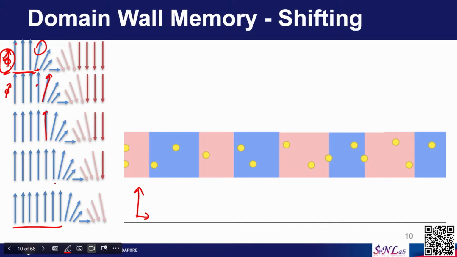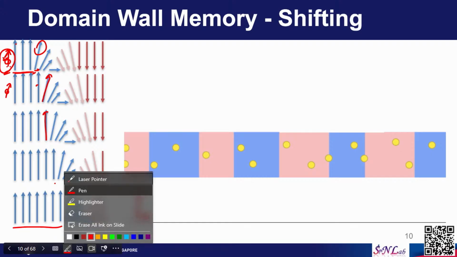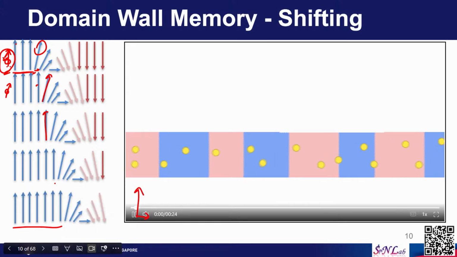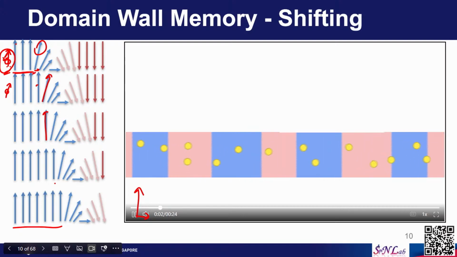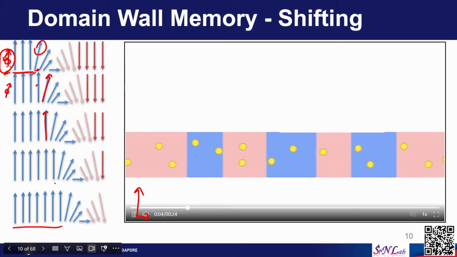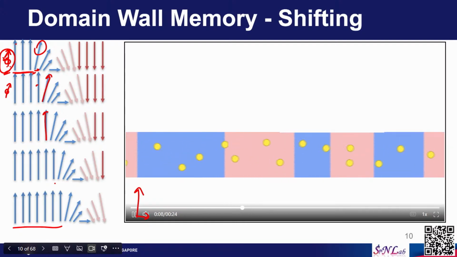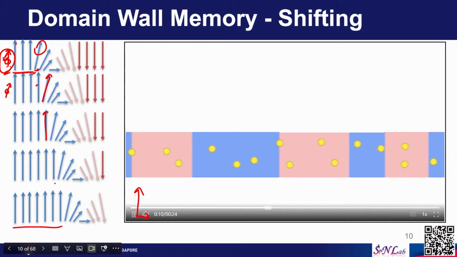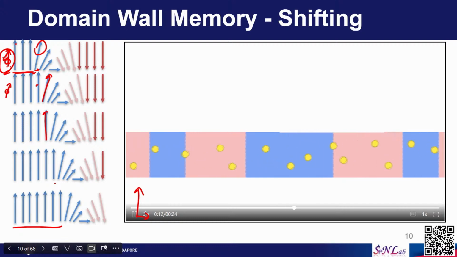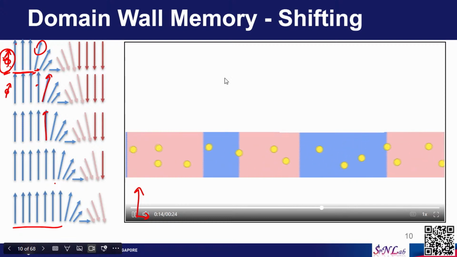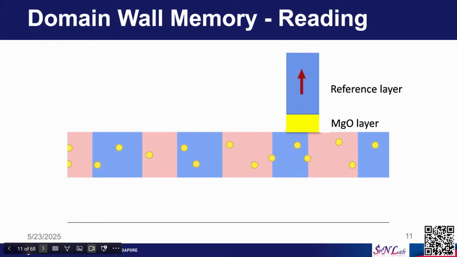That is what causes the motion of the domain that you see in this picture. So, it is basically spin transfer torque that is used to move the domain wall. This is how the shifting of domain walls works.